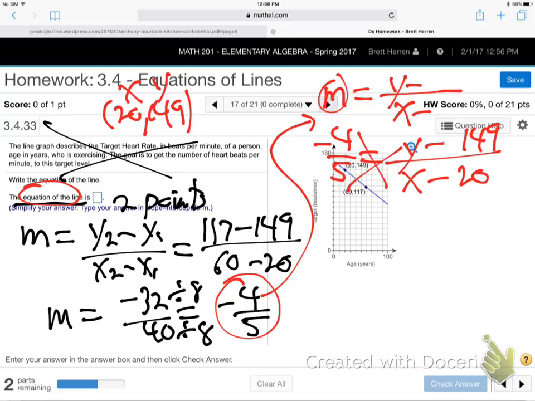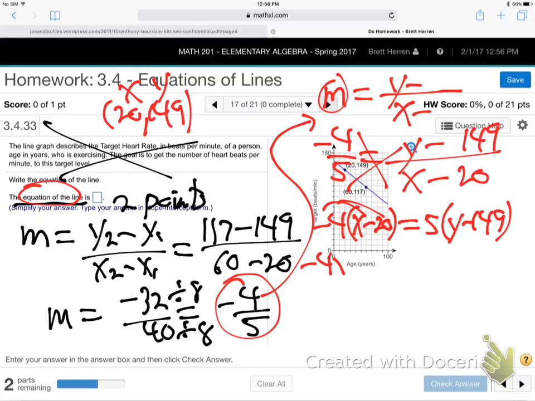Diagonal, diagonal. Negative 4, x minus 20, 5, y minus 149, like that, right? And then distribute, negative 4x plus 80, distribute, 5y plus something big, I don't know. 745 negative. Is that what it is?